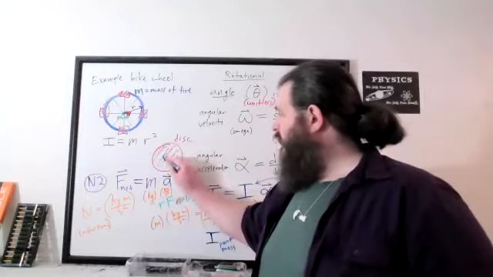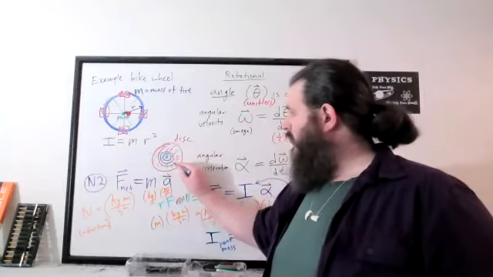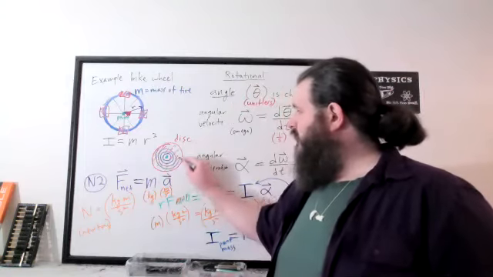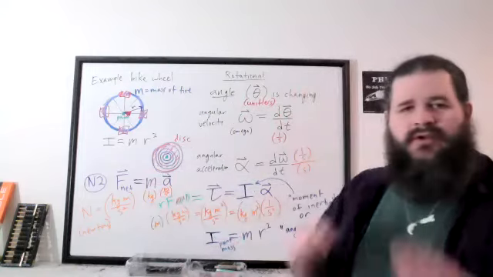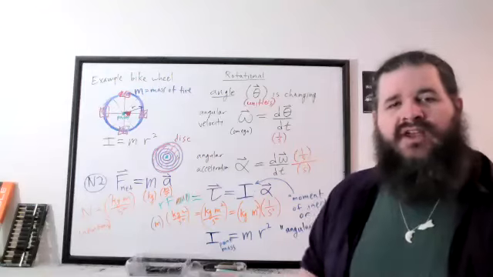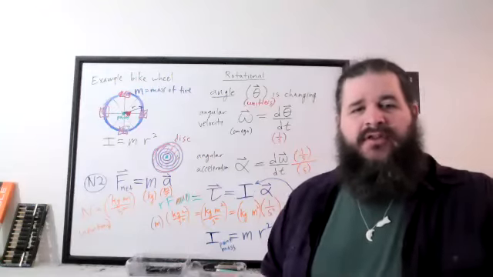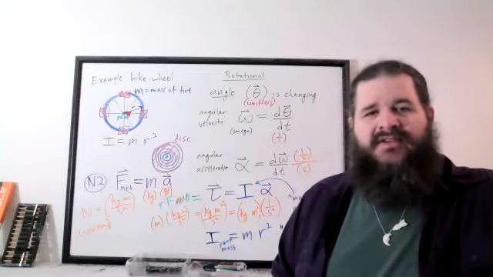You could have this ring, and this ring, and this ring, and this ring. If you just slice this up into rings, the moment of inertia of each one of those rings is mr squared. So you can set up a formula for the moment of inertia for each one of those, and then we can use an integral to add together all these little tiny pieces.